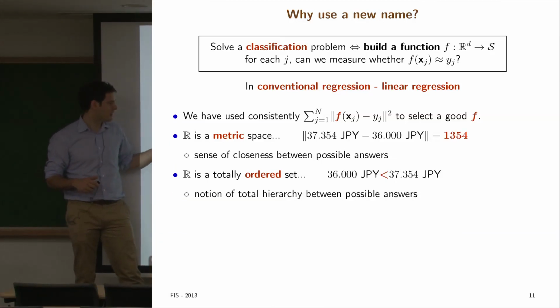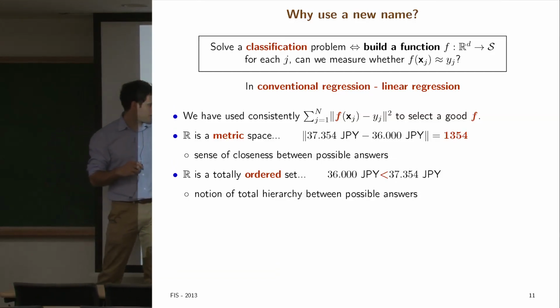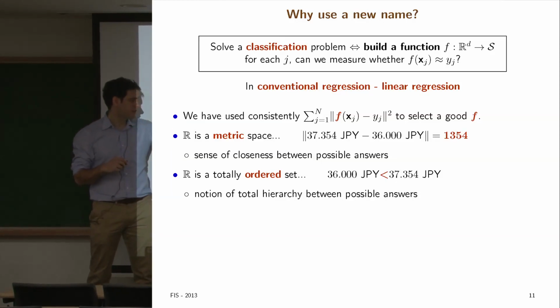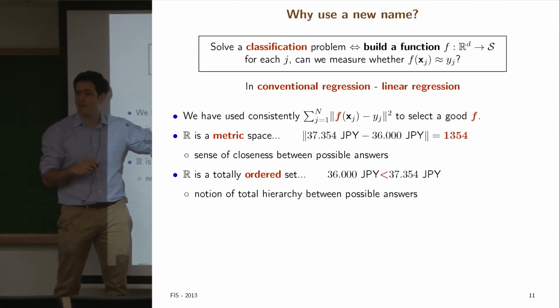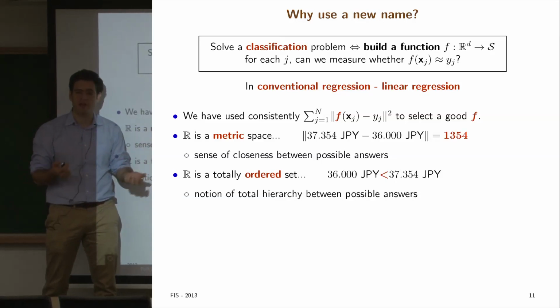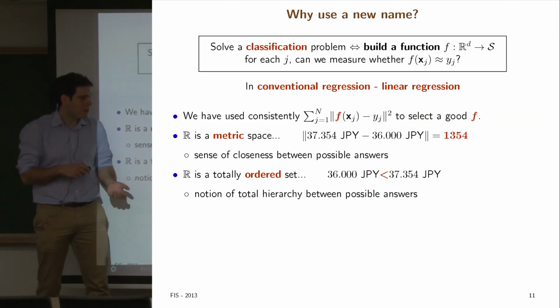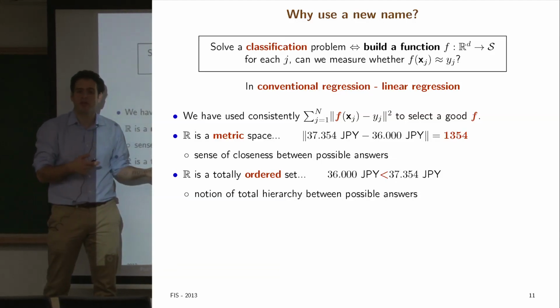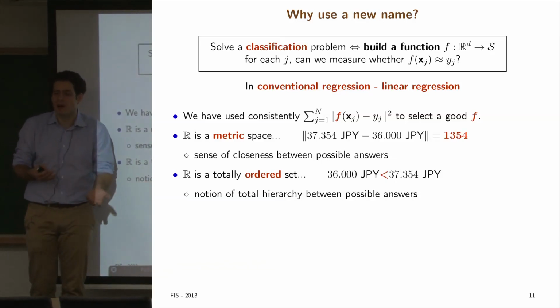If you want to predict rents, for instance, if I predict 37,354 yen for a rent of an apartment, and actually the real rent was 36,000 yen, well, you can quantify this difference as being 1,354, and it's not too bad.